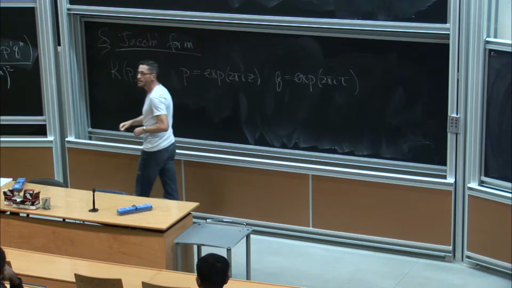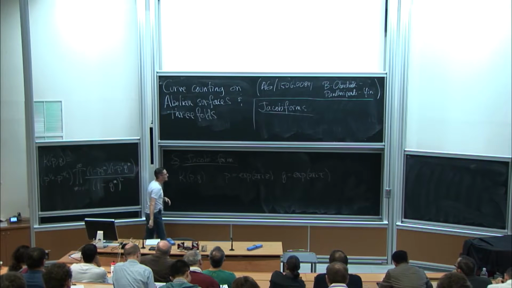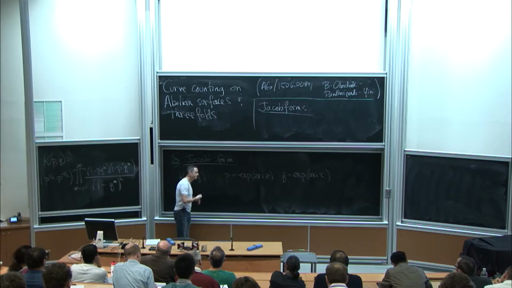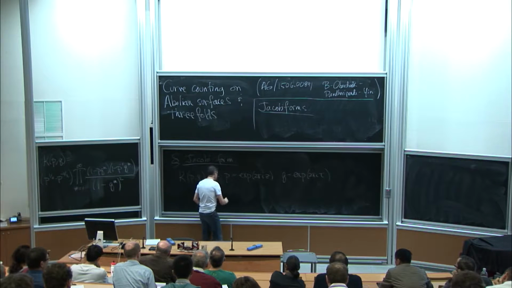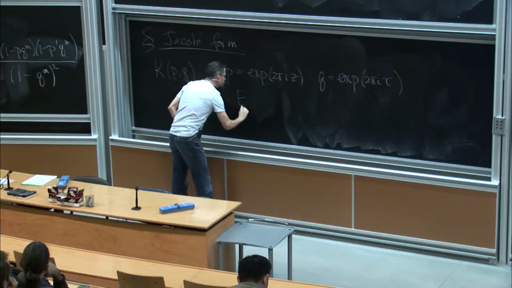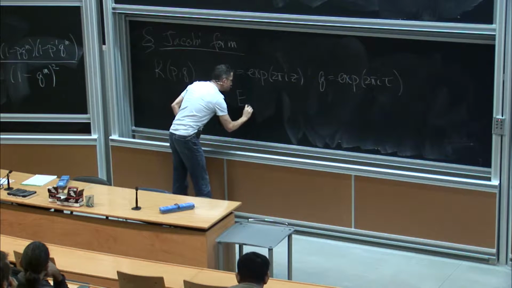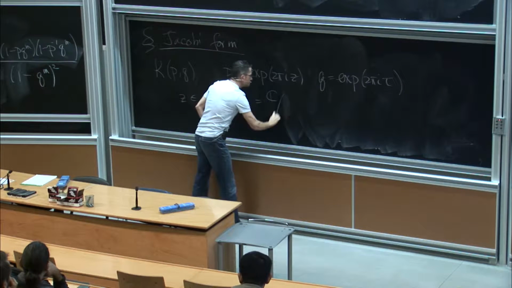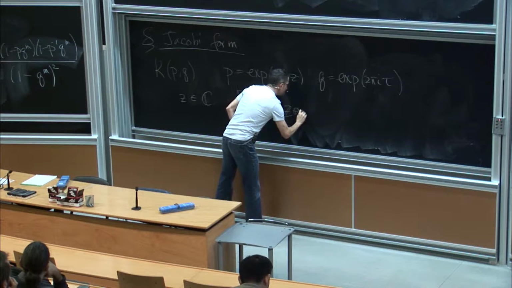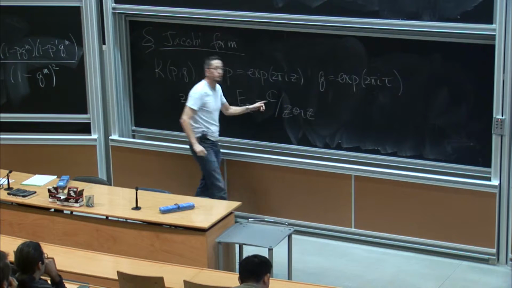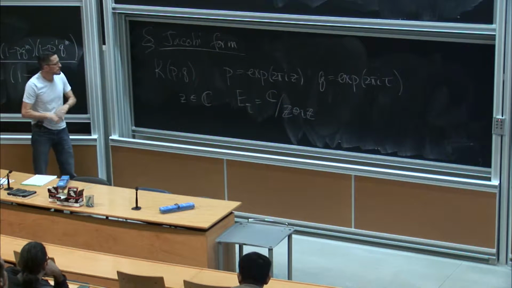Then of course I can think of z and tau as well. Z is a coordinate on C, and tau as giving me an elliptic curve, given by quotienting C by that lattice.